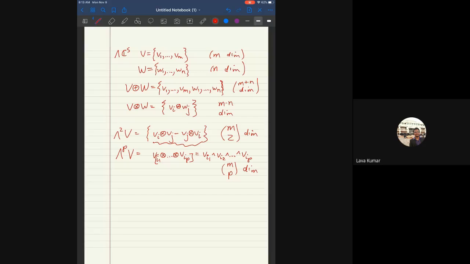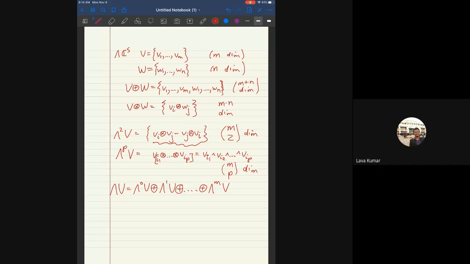Okay, the vector space of P forms over V, and then the lambda of V with no exponent is the exterior algebra over V. As a vector space, this is just the sum of the zero forms plus the one forms plus the two forms, etc., all the way up to the highest forms I can make, which are the M forms, because V is an M-dimensional vector space.